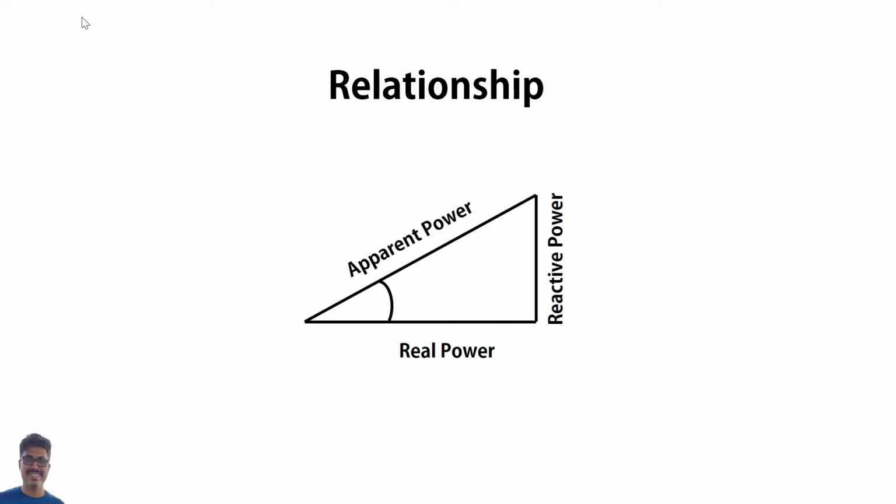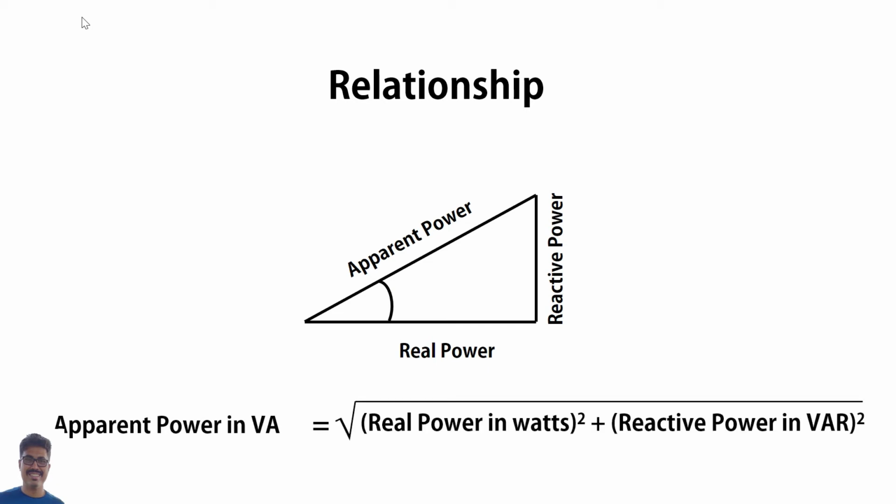According to the popular formula, the apparent power is the square root of real power squared plus reactive power squared. The angle between apparent power and real power is denoted here as phi.